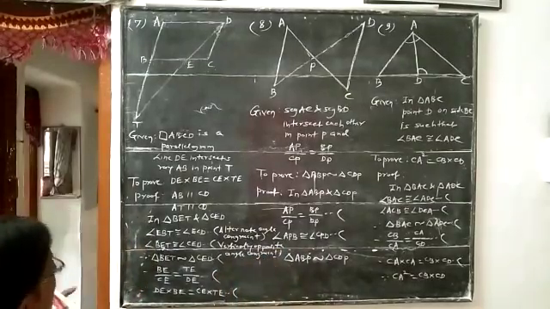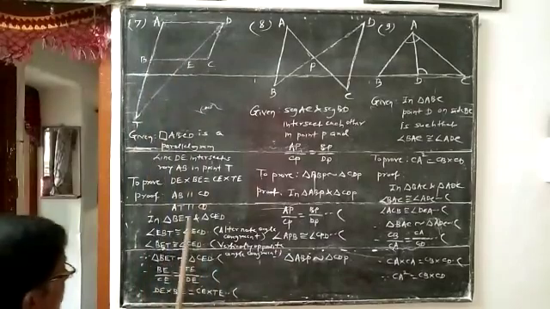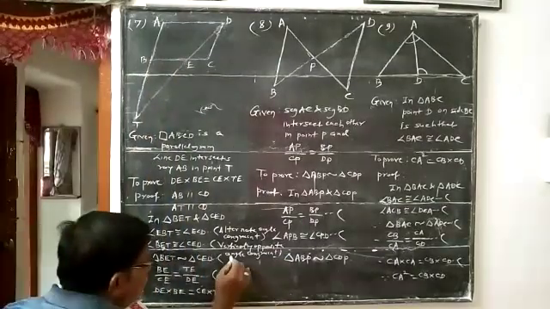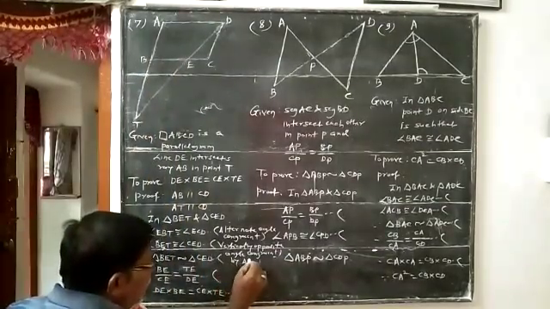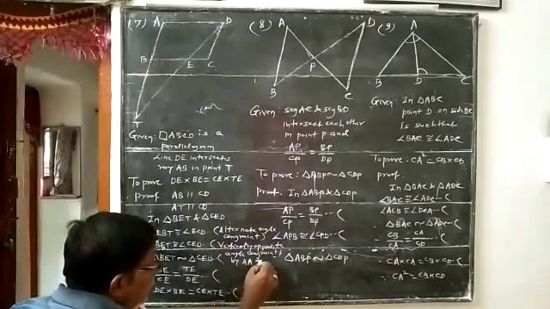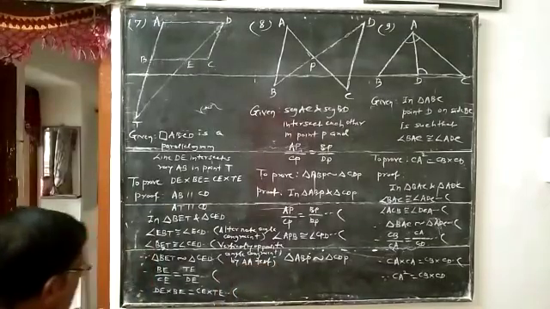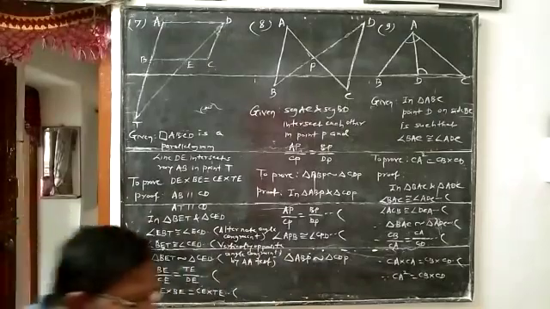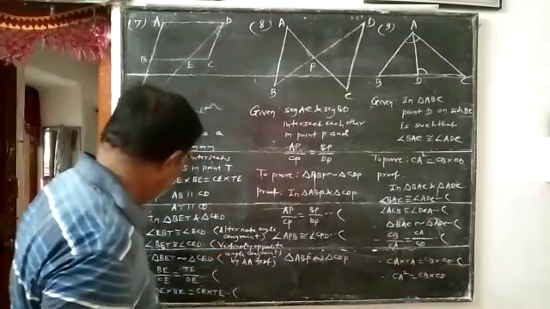Therefore triangle BET is similar to triangle CED by AA test. When two triangles are similar, their corresponding sides are in proportion.